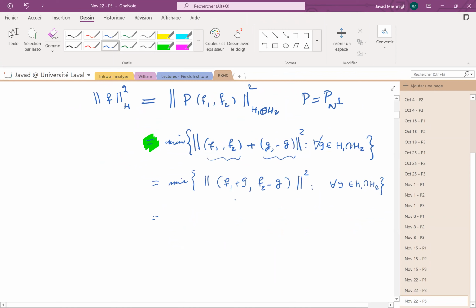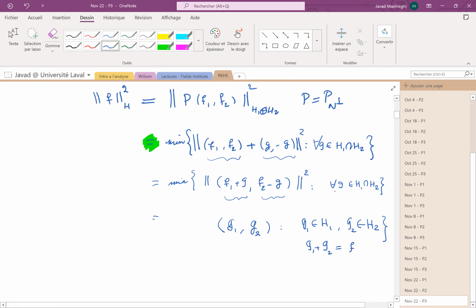But when you consider all these combinations, all these F1 plus G and F2 minus G, this is the same as saying G1 and G2 such that G1 is in H1, G2 is in H2, and the sum is equal to F1 plus F2, which is equal to F.